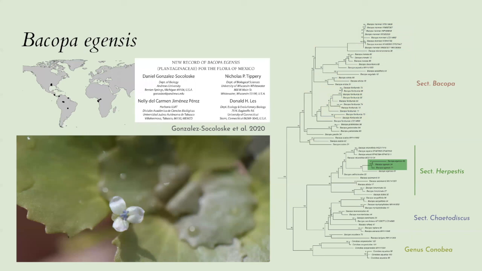And Bacopa egensis, as I mentioned, this is one we studied previously as being new to Mexico. That was established last year in this publication. And no good evidence that the plants in Mexico are so different from plants in Africa, although I suppose you could choose to make that distinction a little bit here.